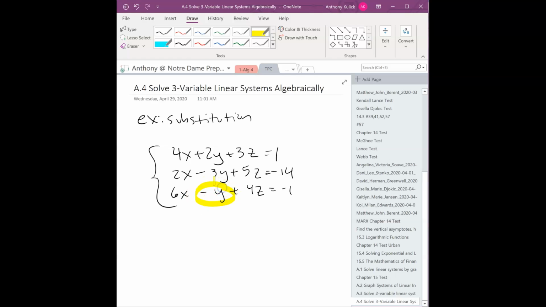So I see a situation like that in equation C. I'm going to name these A, B, and C. So the first thing I'm going to do is rearrange equation C so that the y is by itself. So if I subtract 6x and 4z from both sides and then divide by -1, this is going to be my new equation for C.